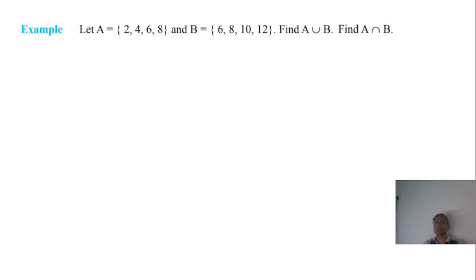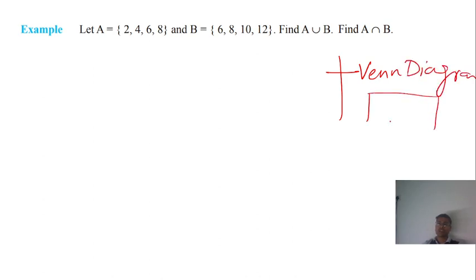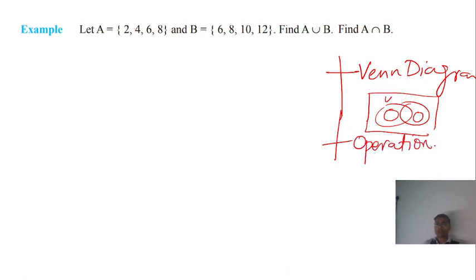So what did we learn today? We learned 4 things. First, the Venn diagram. A Venn diagram is a pictorial representation of the universal set and other sets which are inside it. Then we learned operations on sets. What are the 3 operations you read?